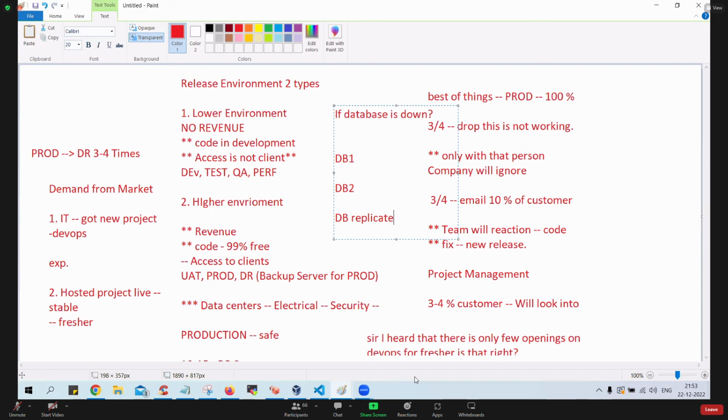So backup: what is the fun in having a monthly backup? DevOps believes in live backup. If the company has good money and good talent, they'll go for live backup, because live backup takes a lot of budget. Weekly backup means you're trying to compromise for a week. Do you agree, Ranga? If you are ready to go for weekly backup, that means you have decided that we are compromising for a week.